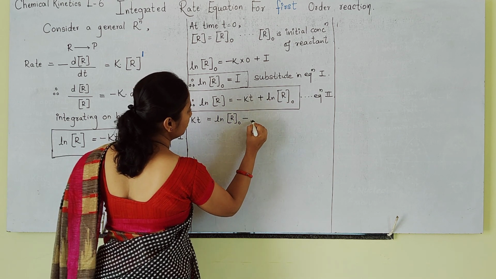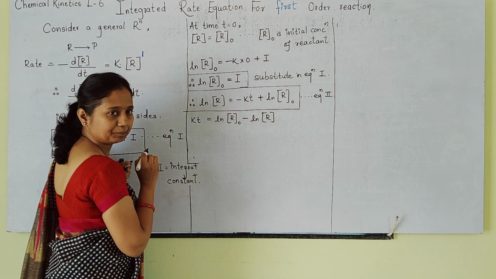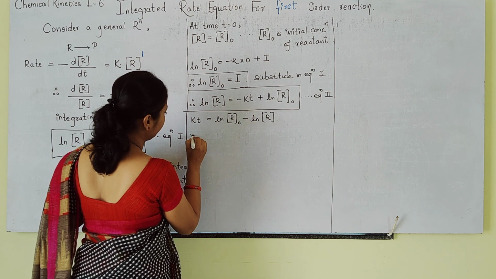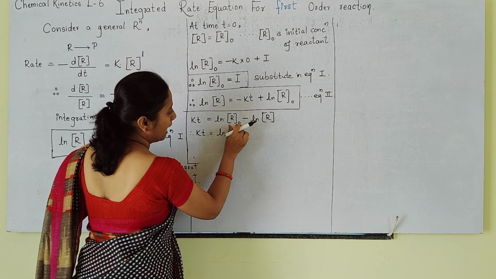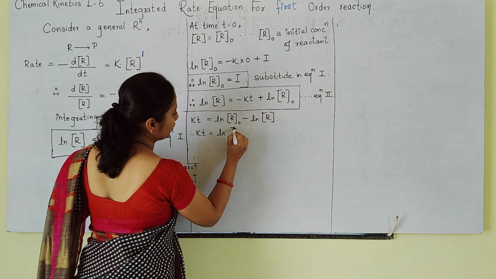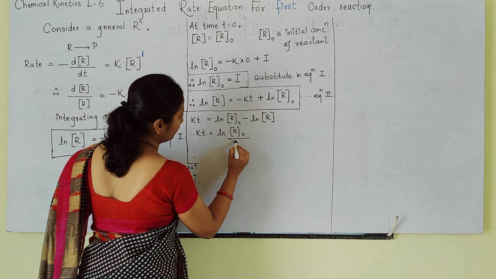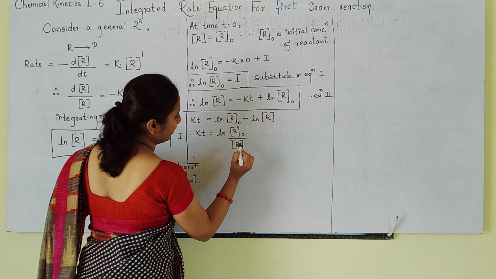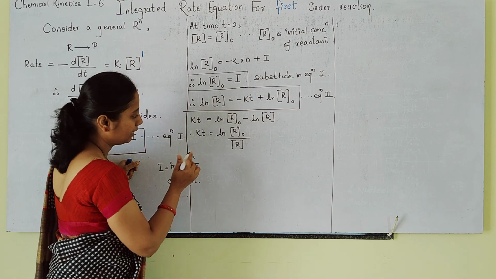This goes to this side, minus ln r. So kt is equal to ln r naught minus ln r, and minus ln you can write as division.